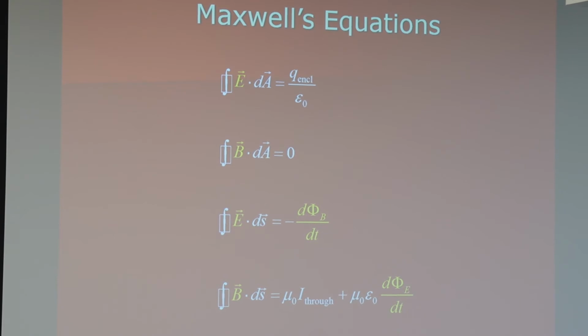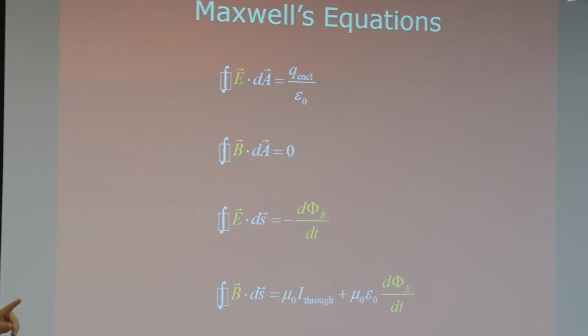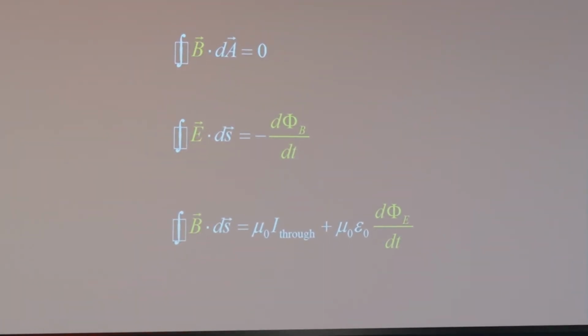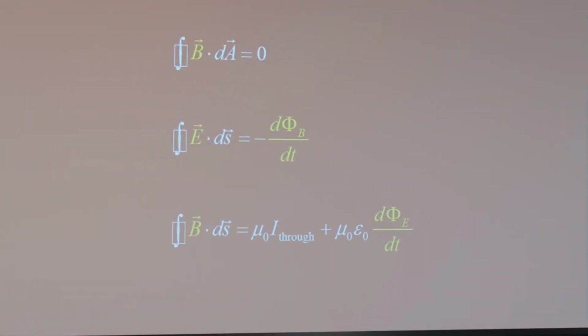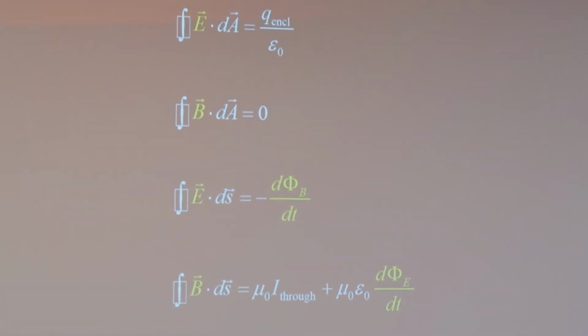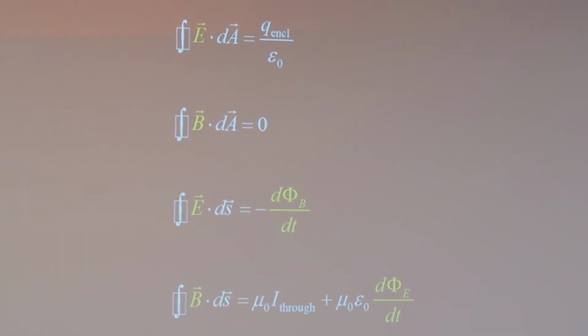Now here's the important thing. These 4 equations explain everything there is to know about classical electricity and magnetism. Don't write them down, it's not worth it. Everything.